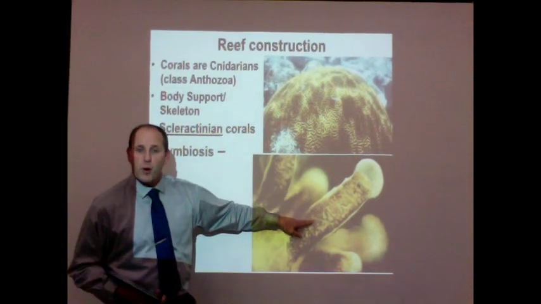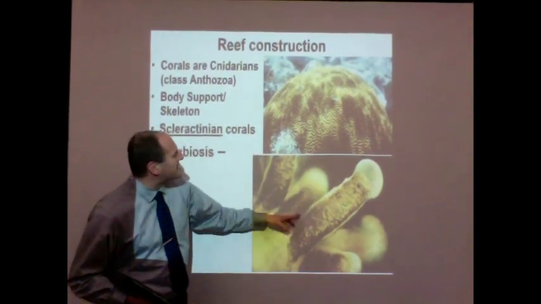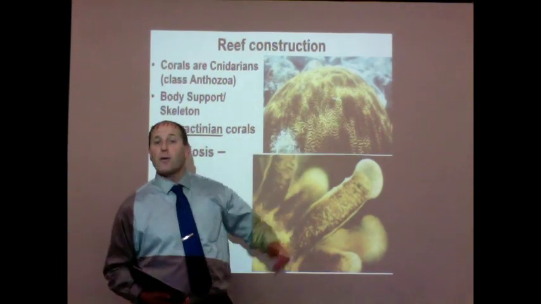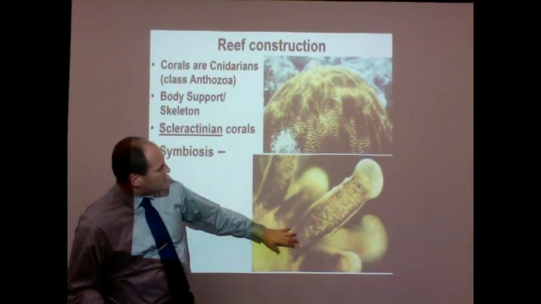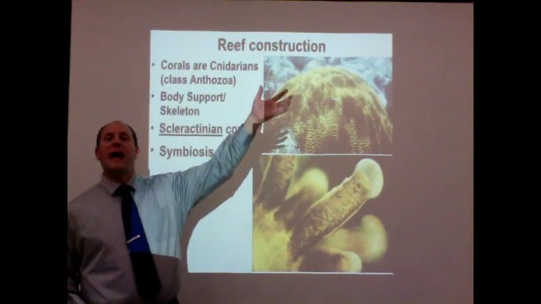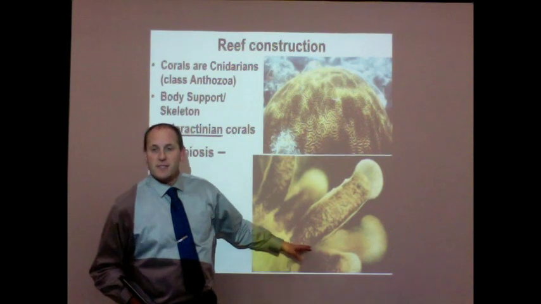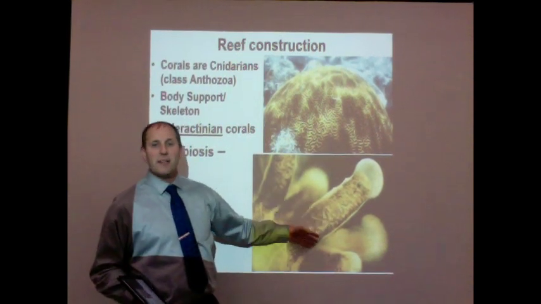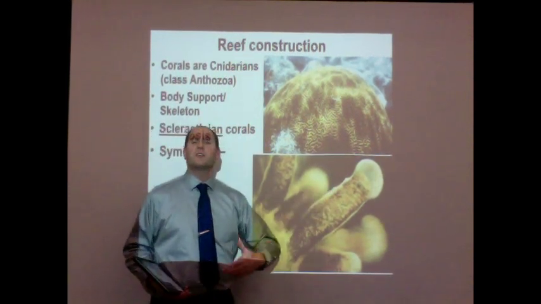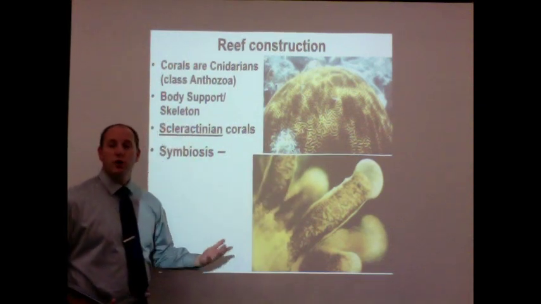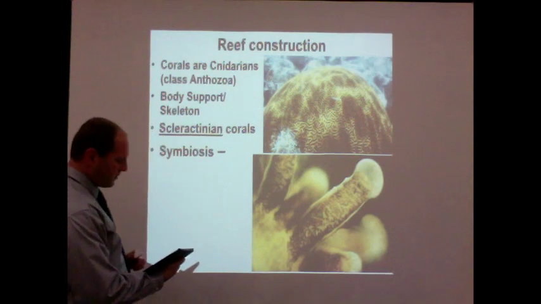Those are the protists, the zooxanthellae, inside the tentacles of these corals. So the corals will stick their tentacles out of their skeleton. The zooxanthellae then will be put out into the light, and they're able to do photosynthesis. The extra sugars that the zooxanthellae are making, the corals are going to use to produce ATP so that they can continue to grow and get larger.